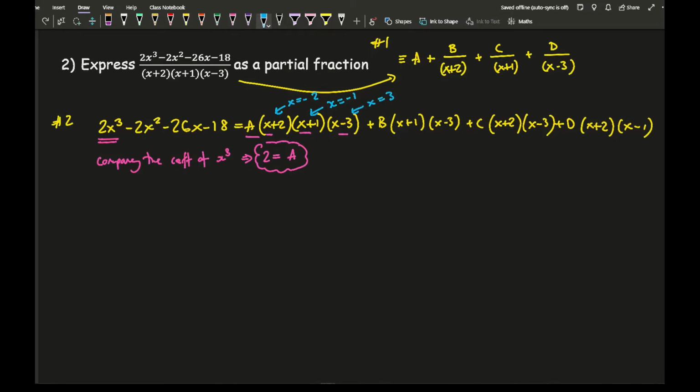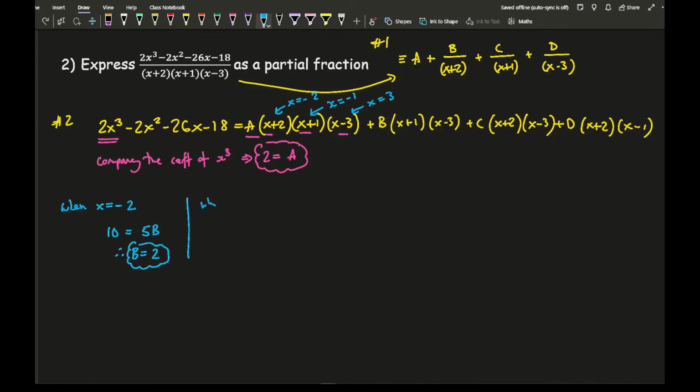So when substituting those values in, when x equals minus 2, what I end up with is 10 on the left hand side and 5b on the right hand side, so therefore b equals 2.